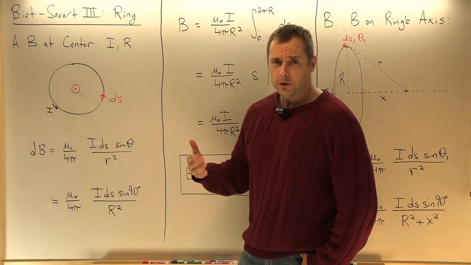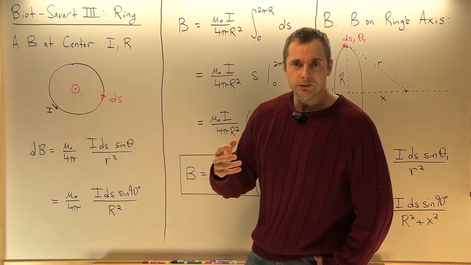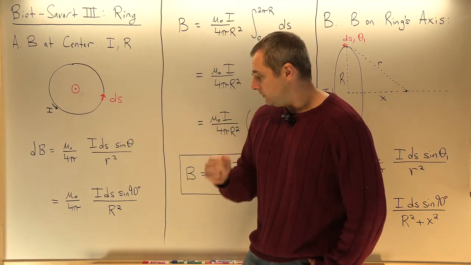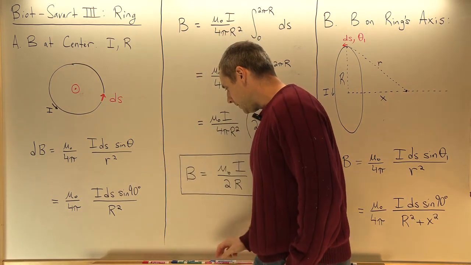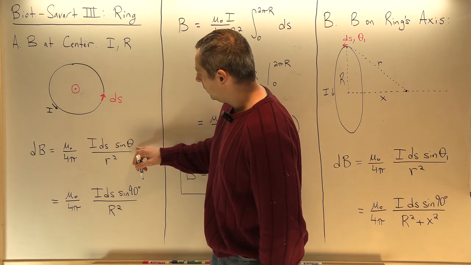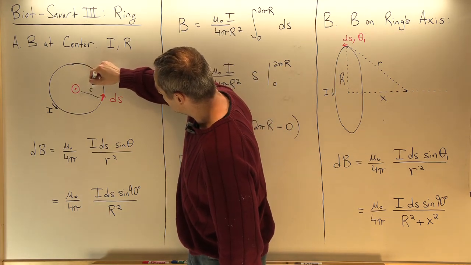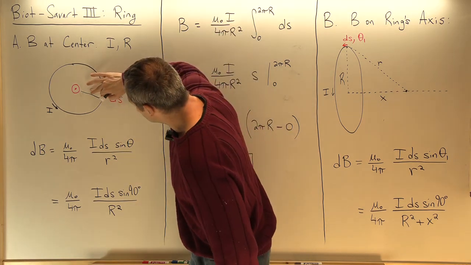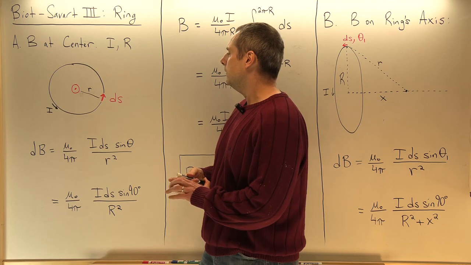Similar to the process in the last video, all that changes are the limits in this particular case. So what angle do I plug in here? Remember that the angle in the Biot-Savart law is the angle between the radius and the ds.